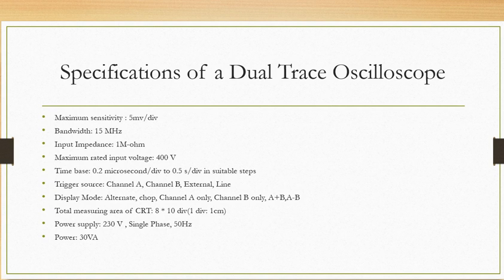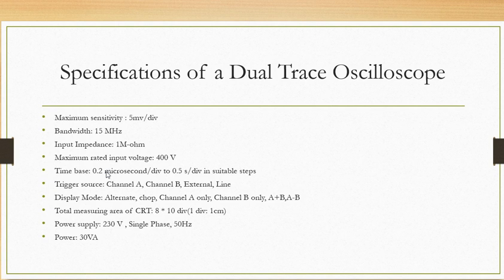In a lab as well, most of the oscilloscopes are dual trace, because you may require two signals at a time for comparison, so that you can make some conclusion about that. Most of the CROs that you observe in an electronics lab are generally dual trace oscilloscopes.